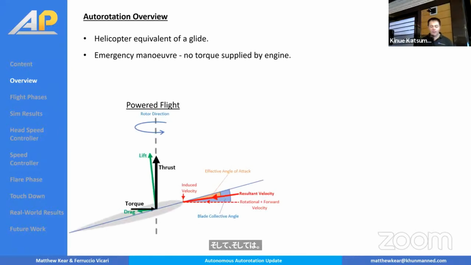So just to compare and contrast, I've got a force velocity diagram showing down the edge of a rotor blade cross section, and you can see, hopefully this will show up, this main black force arrow here, torque, which is being supplied by the main rotor or the main engine. That gives us our large lift vector and our large thrust vector as a result that enables us to maintain flight.